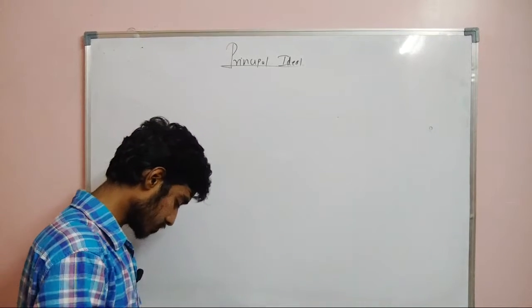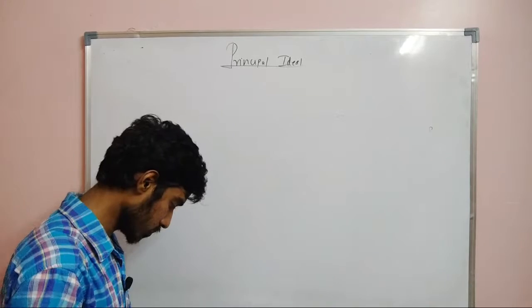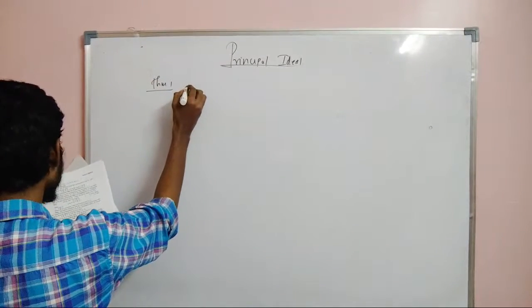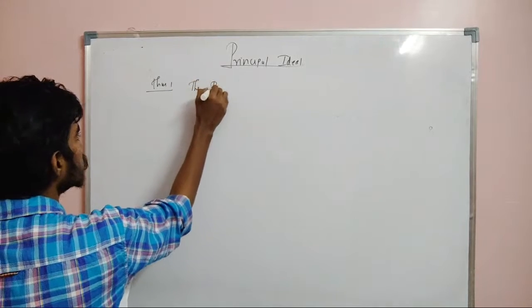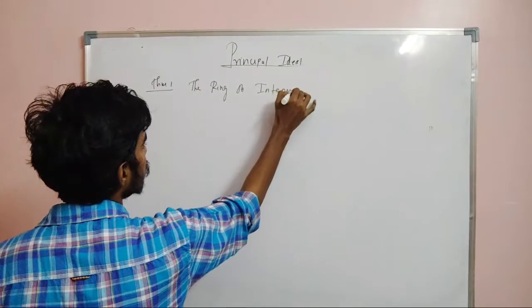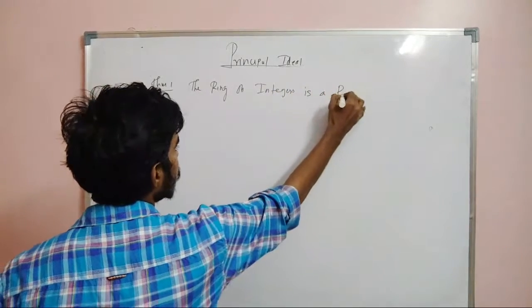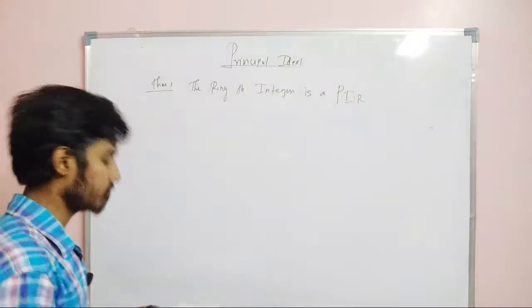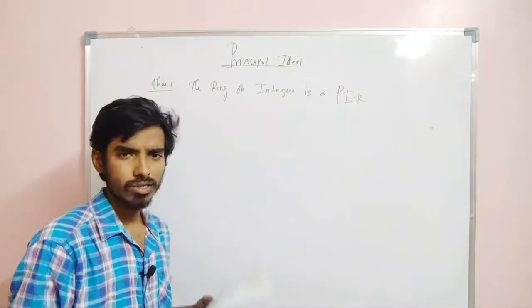Theorem 1. The ring of integers is a principal ideal ring, PIR, right? So just now we have shown, just now we have proved it.